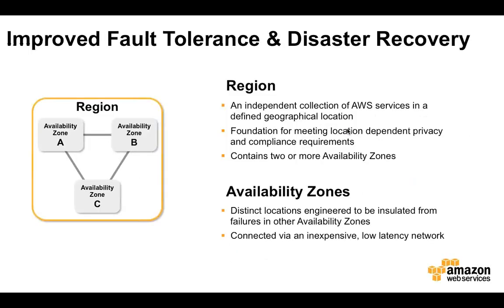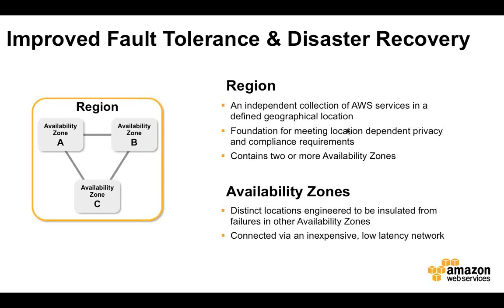And the second immediate benefit is as you move to the cloud, you improve upon the fault tolerance and the disaster recovery abilities that you obtain as an enterprise. Now, how this is achieved is through the concept of regions and availability zones. I mentioned our globally distributed regions. Each region is an independent collection of AWS services, and these are a collection of data centers within a large metropolitan area.